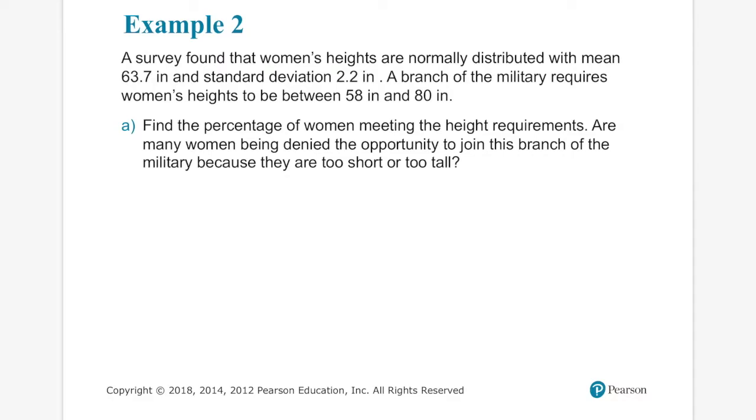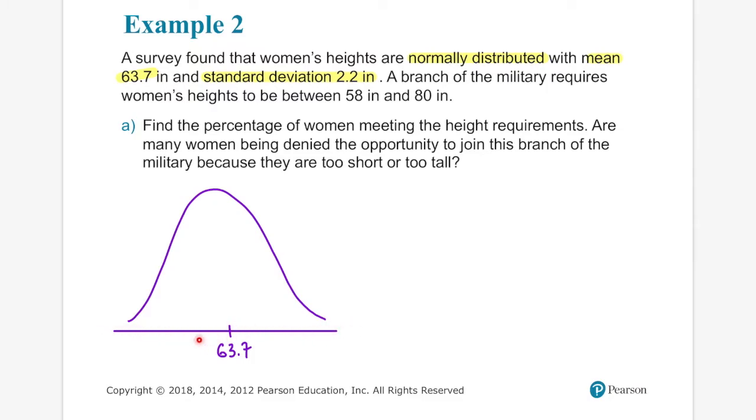So first, I need to graph this. This is normally distributed with mean of 63.7 inches and standard deviation of 2.2 inches. The number on the horizontal scale represents the woman's height, which is my x. My mean is right in the middle, 63.7.